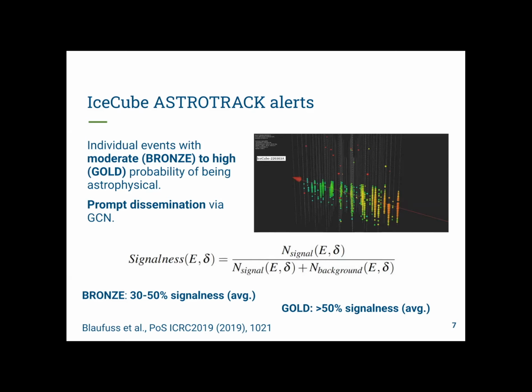And so we have two alert streams. The bronze that has on average 30 to 50% signalness, and the gold alert sample that has on average above 50% signalness. And these alerts are promptly disseminated via the GCN network.